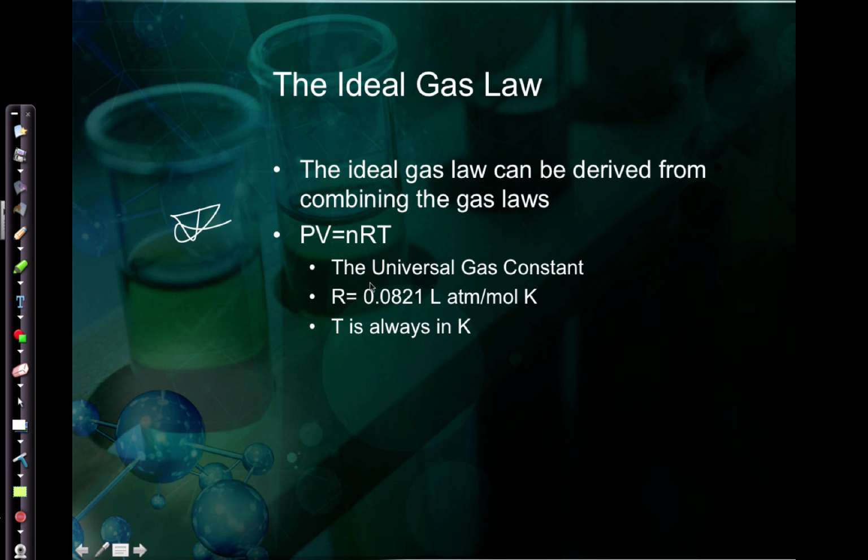Now, R is the universal gas constant, and it's equal to 0.0821 liters atmospheres divided by moles and kelvins. And there's actually another R that you could use that involves different units, but these are the main units that we use. Both of our values are given to you, so you don't have to memorize this. Temperature is still always going to be in kelvins here.